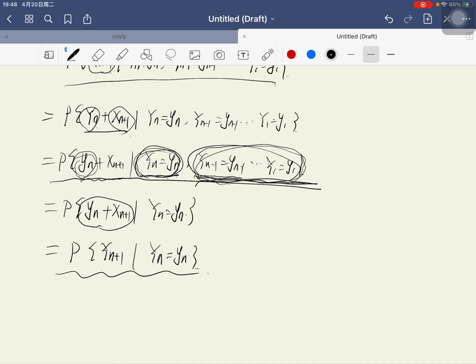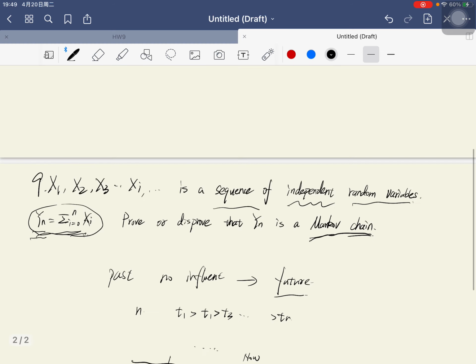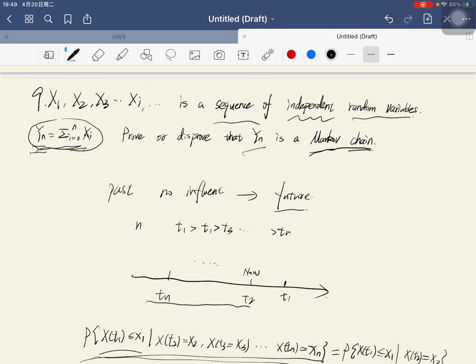So this form only depends on the most recent state, and the past has no influence. Since the past has no influence on the future, we could prove that this Yn is a Markov chain. That's all. Thank you.